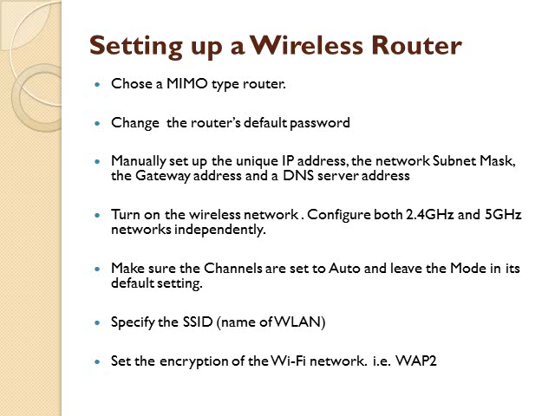Then make sure that the channels are set to auto and leave the mode in its default setting. After that, the SSID, that's the name of the wireless LAN, should be specified. The last stage is to set the encryption. This is done for security purposes in transmitting data over the wireless network. The best encryption is WPA2.